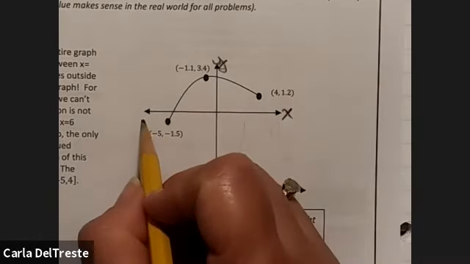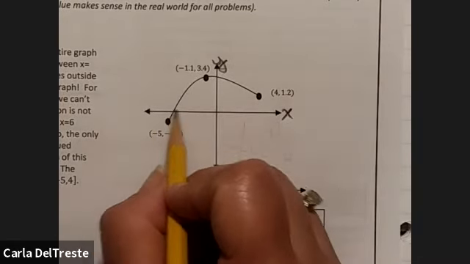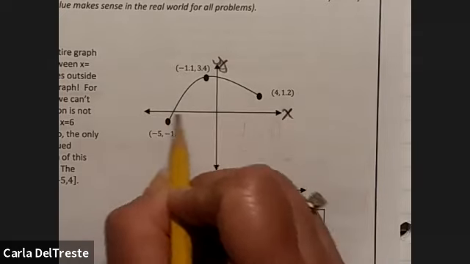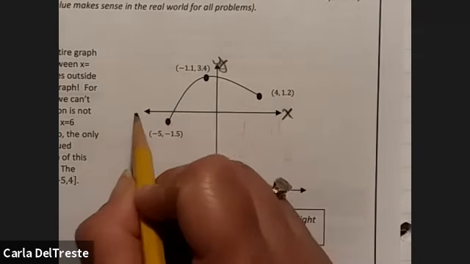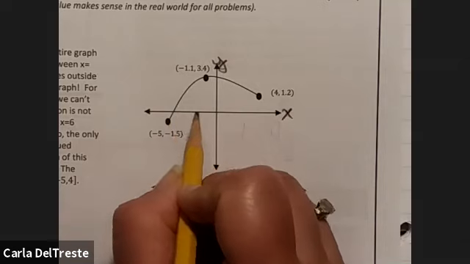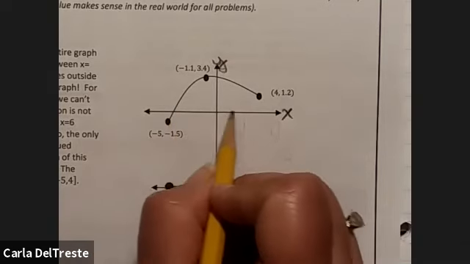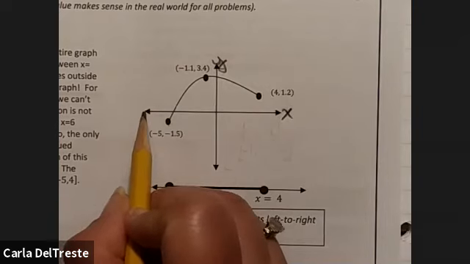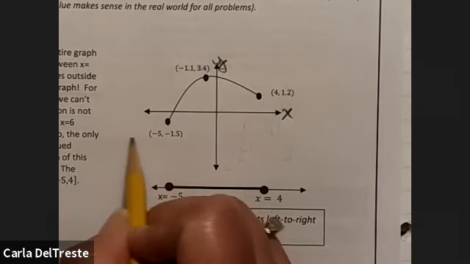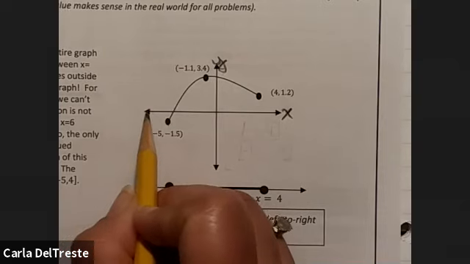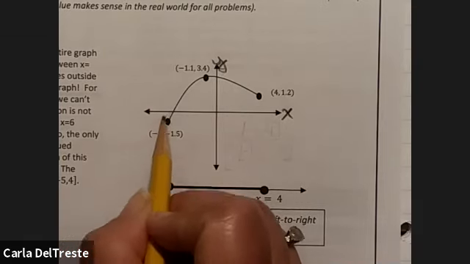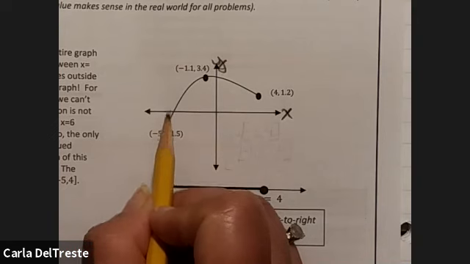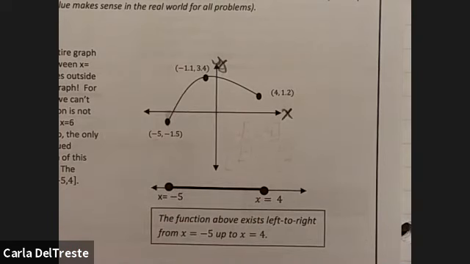The way to determine domain, remember domain is the set of input values, is that I have to walk along the input axis, okay, the horizontal axis. As I walk along the input axis, I don't have any graph over here. My graph doesn't start until I hit -5. That's when my graph starts on the x-axis.